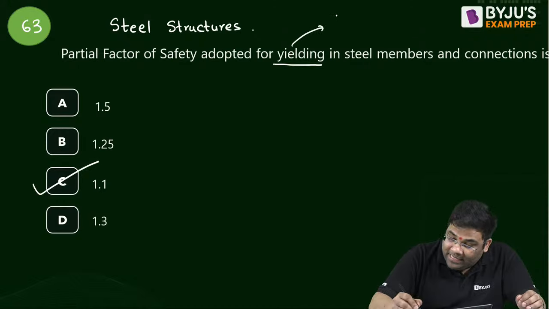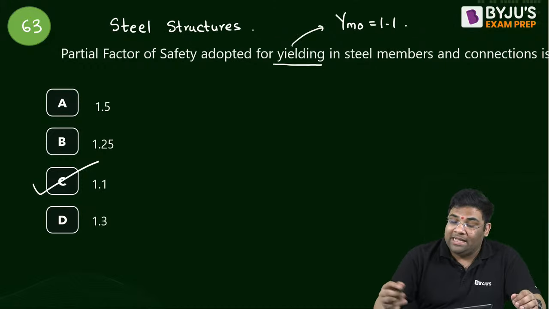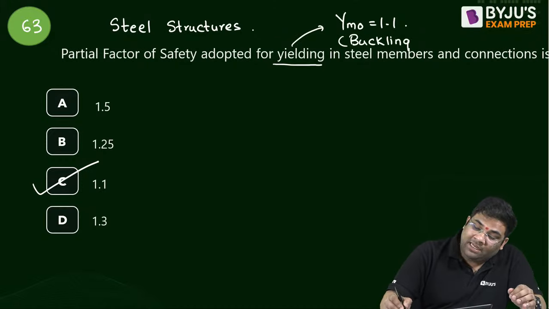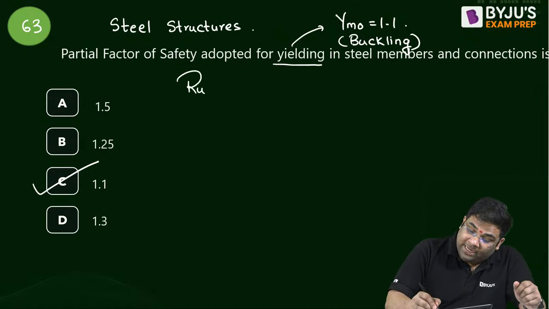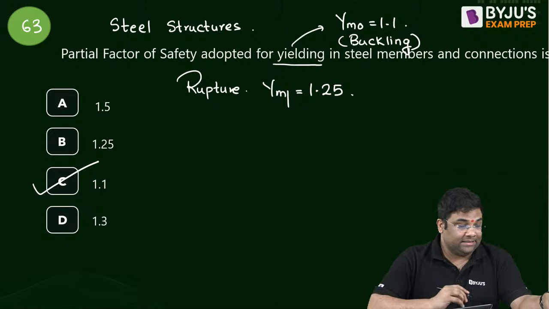For yielding, we take gamma m naught, that is 1.1. We take that for buckling also. So for buckling and yielding, we take the factor gamma m naught. And for rupture, we take gamma m1, that is 1.25. Remember this, okay? So the answer is C.